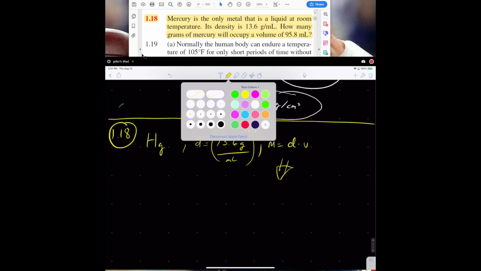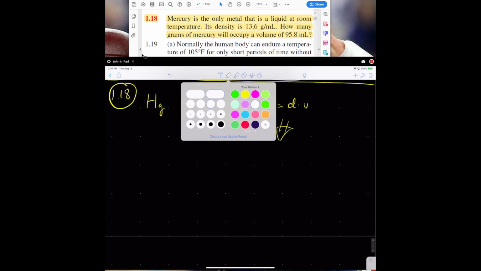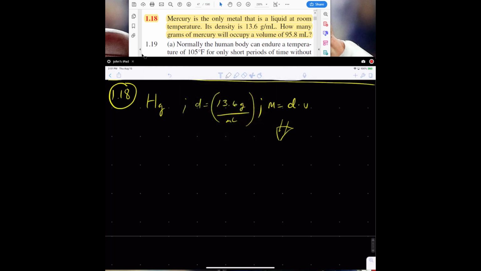So then we just bring this down and fill in the data. It's asking for how many grams of mercury will occupy a volume of 95.8 ml. So we just do 95.8 ml times 13.6 grams, and that's going to give us our mass.